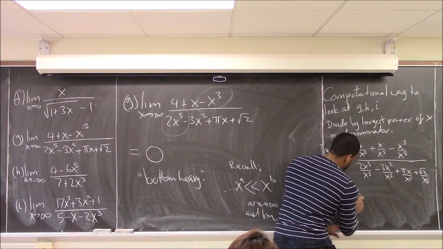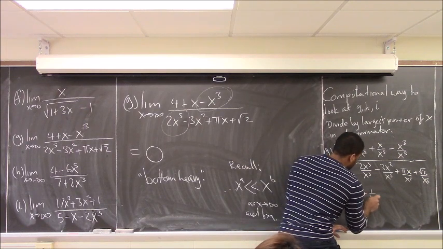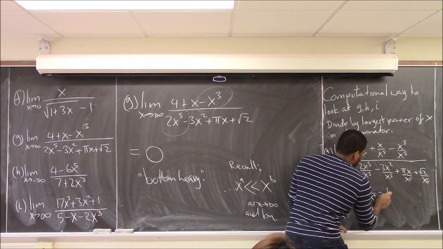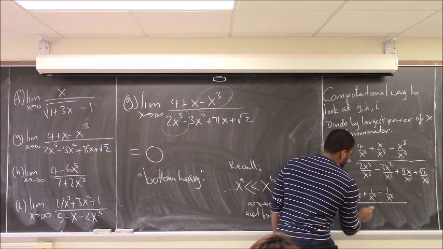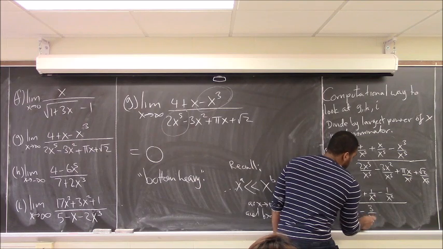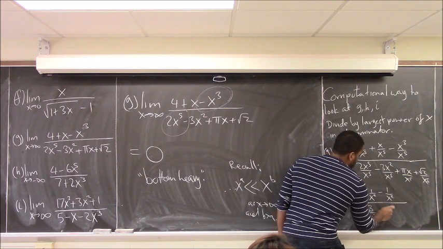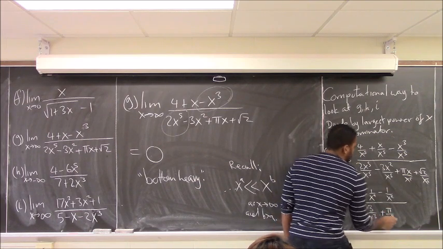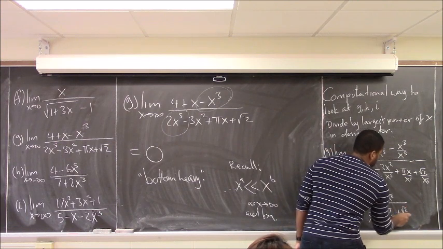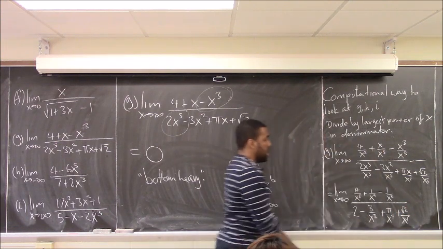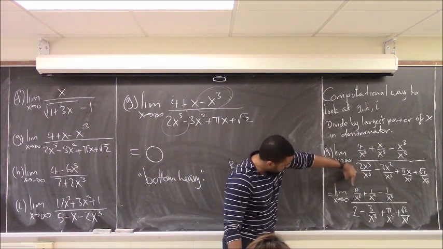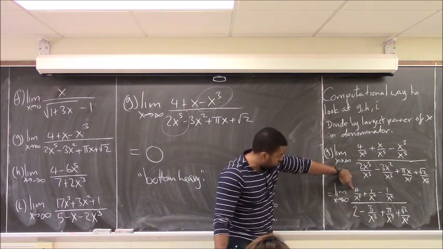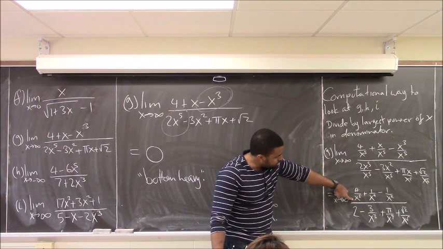Simplifying, we would get 4 over x to the fifth plus 1 over x to the fourth minus 1 over x squared, over 2 minus 3 over x cubed plus pi over x to the fourth plus radical 2 over x to the fifth. And now the ambiguity should be all gone, because notice that we have a bunch of fractions here where the numerators are constants, not going anywhere, but the denominators are approaching infinity.